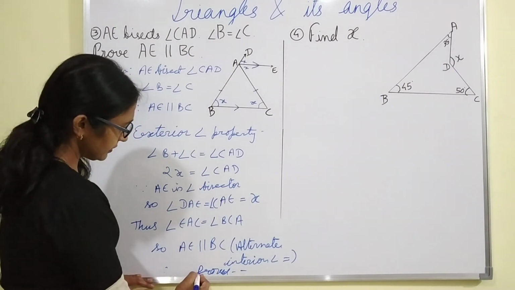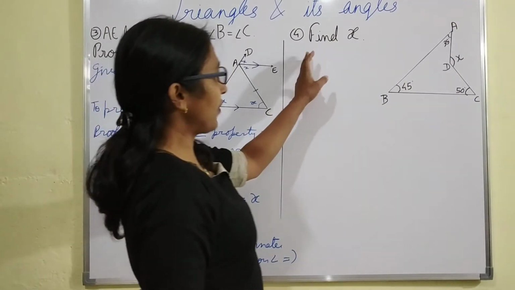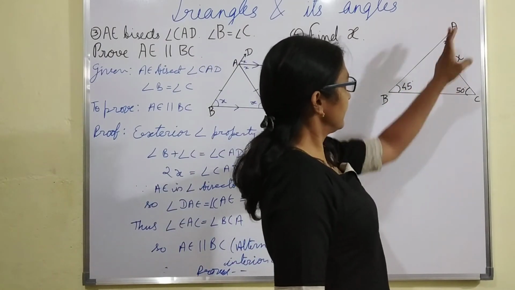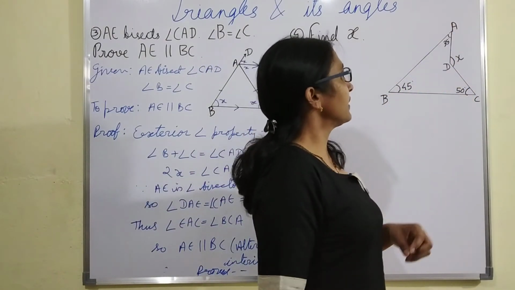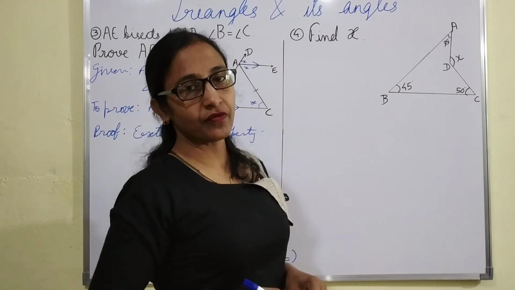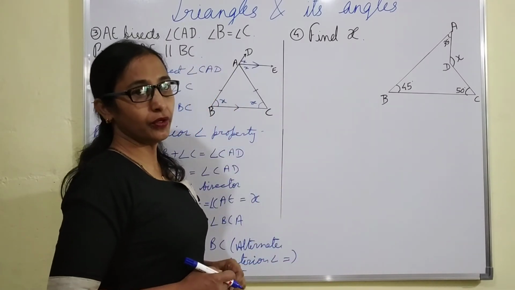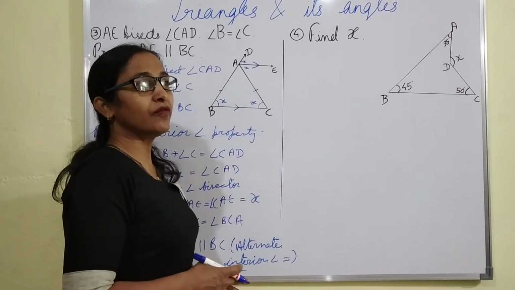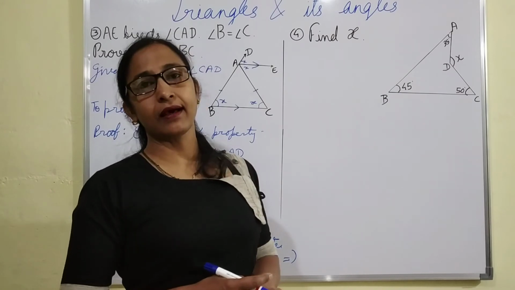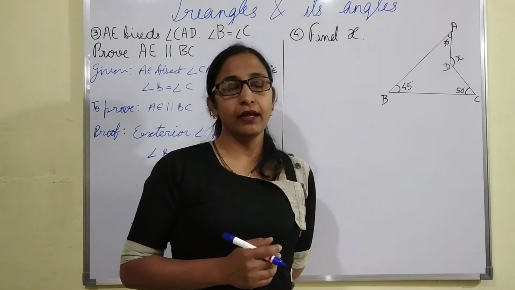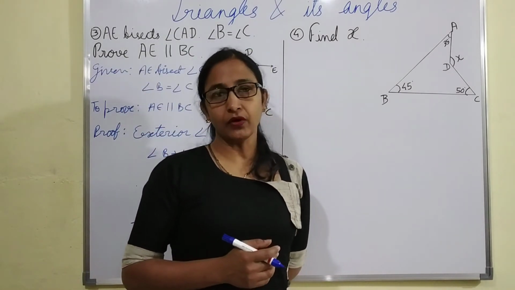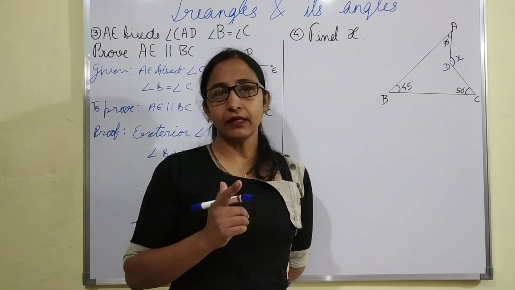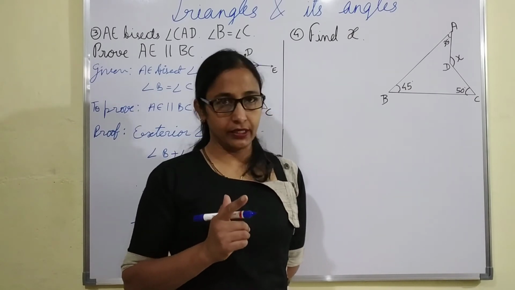Now next question is find x. Quadrilateral is given. In earlier classes we read about convex polygon and concave polygon. In a convex polygon all the angles are less than 180 degree, and in a concave polygon one angle is more than 180 degree.